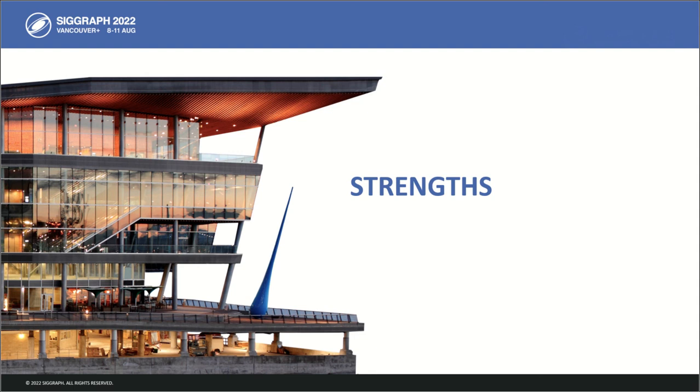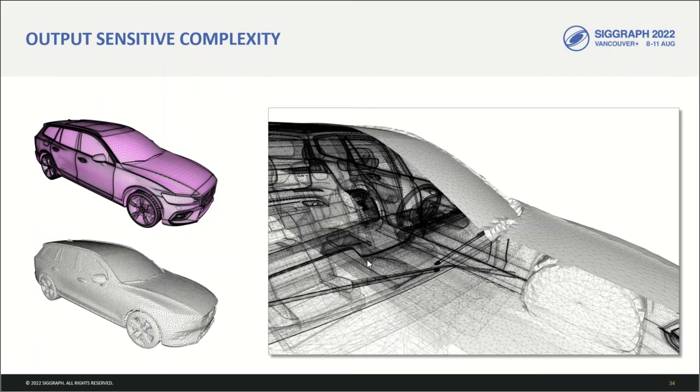Let's have a look at the strengths of our method. The complexity of our algorithm depends primarily on the complexity of the output, meaning that complex inner structures have only a weak influence on the runtime because we wrap outside in and we probe only with distance queries.